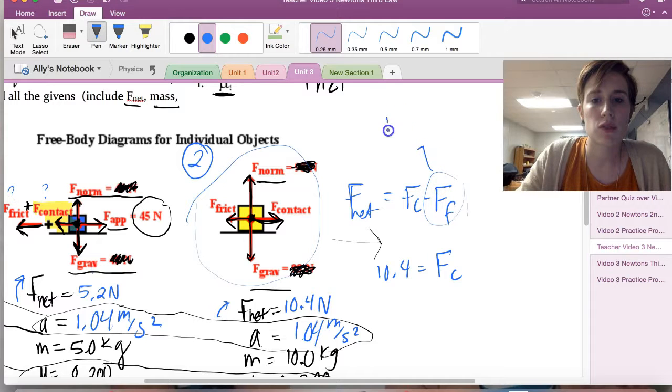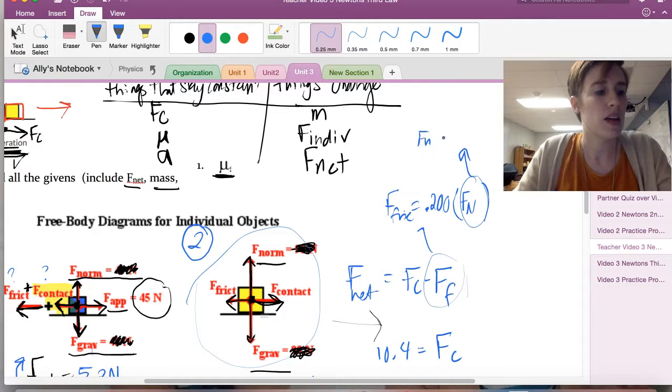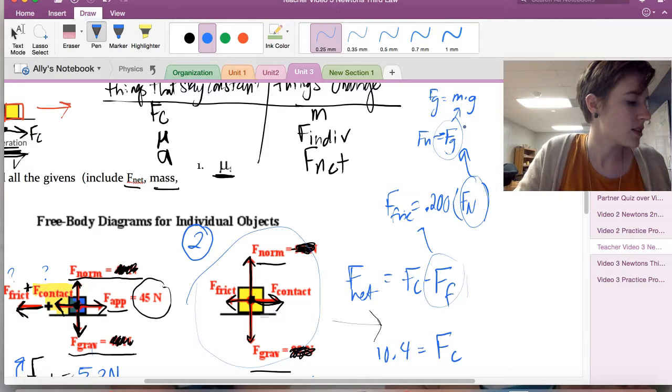How do I find friction force? Well, friction force is mu, which is 0.200, times the normal force. I guess we need to find the normal force before we can continue. What's our normal force? Well, it's basically the opposite of our gravitational force, right? How do we find a gravitational force? Well, gravitational force is mass times gravity. The mass in this is 10. This box is 10.